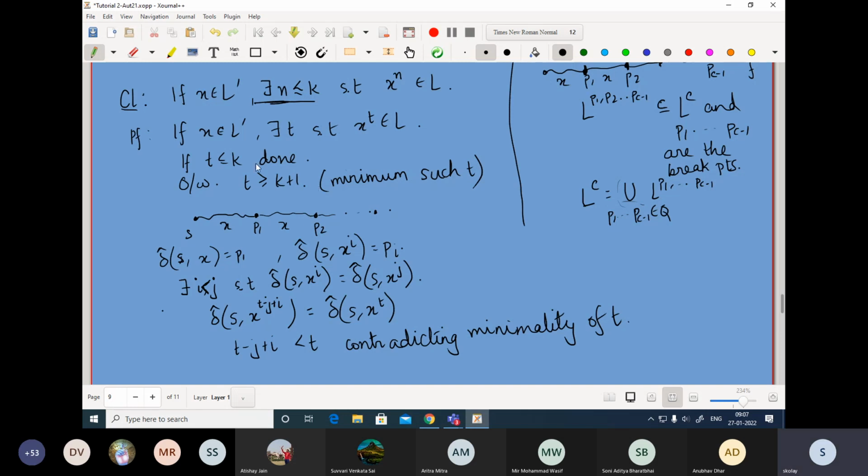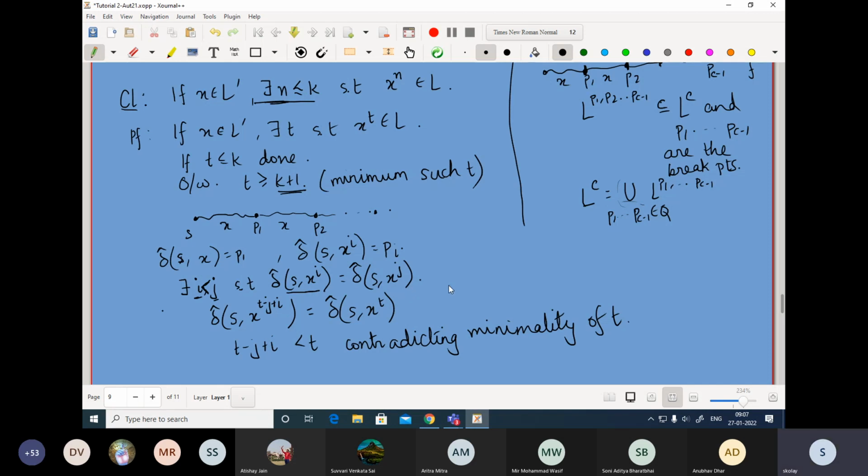But since I have only k states in my finite automata, and there are k plus 1 such appearances of x, there must be at least one i and j, i strictly less than j, such that if you look at the end states, then they will be the same.